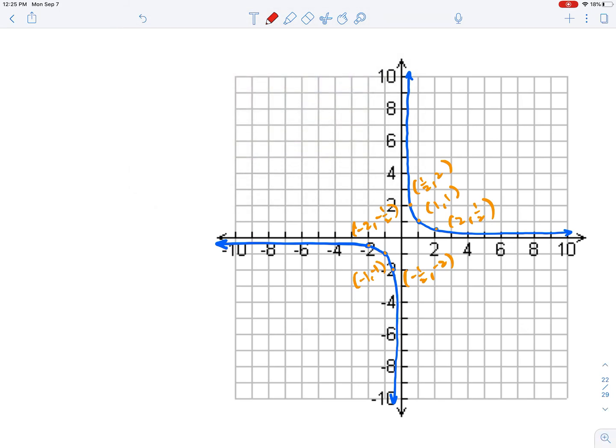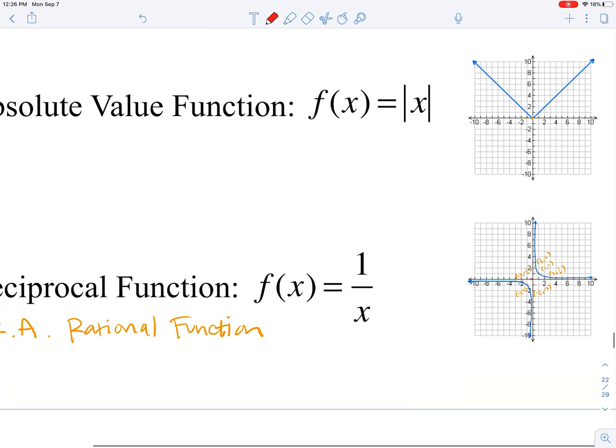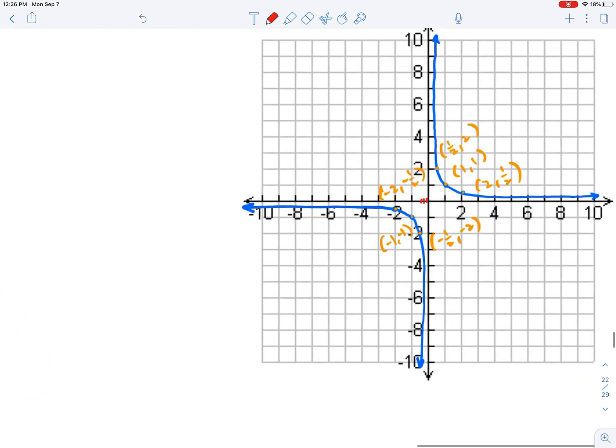Now, let's focus on x approaching 0 from the left-hand side. As we choose values of x that get closer and closer to 0 from the left, let's think about what happens to the y values. If we substituted -1/8 into our function, our output would be -8.